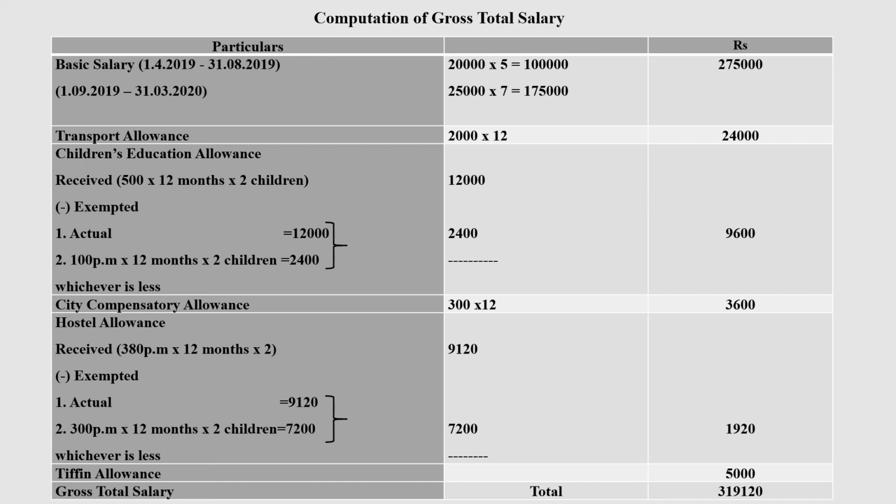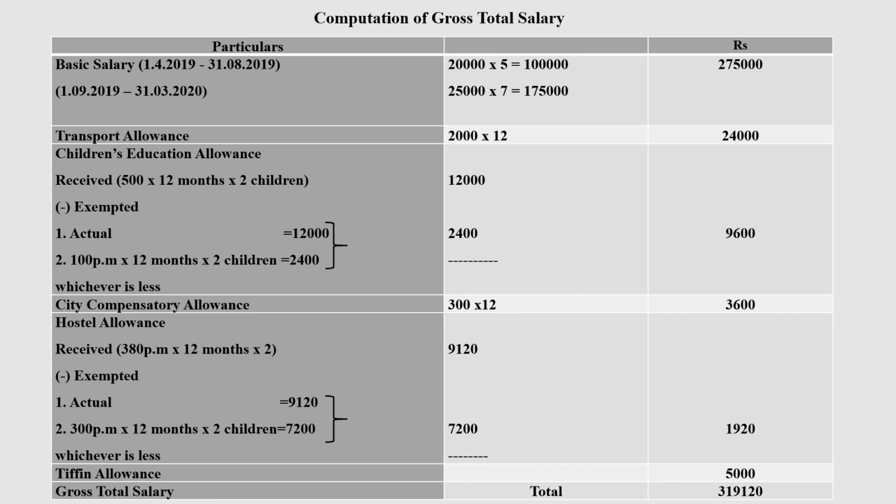Now coming to the hostel allowance, just like education allowance, again receiving 380 per month for 2 children. So 380 into 12 for 2 children, 9,120. What is the exemption? Actual or 300 per month for 2 children is exempted. So actual amount is 9,120.